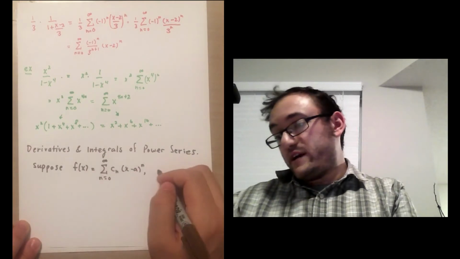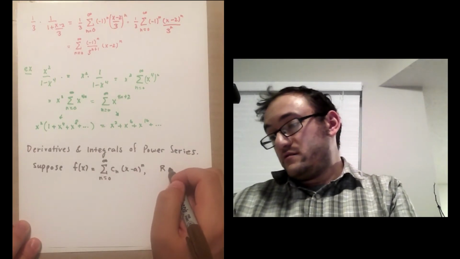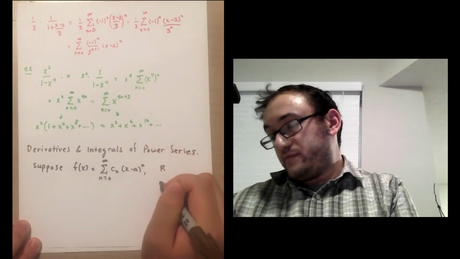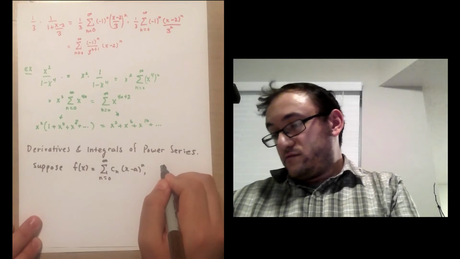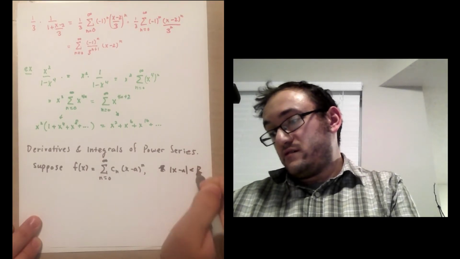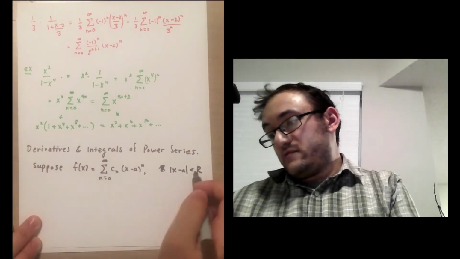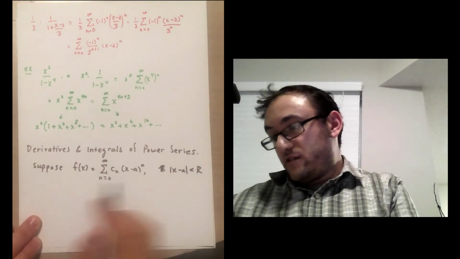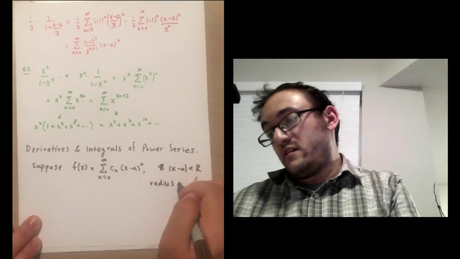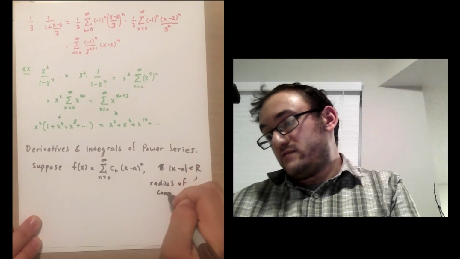And suppose this has radius of convergence r. So we can say x minus a must be less than r. This is the radius of convergence. And we'll hold judgment on the endpoints.